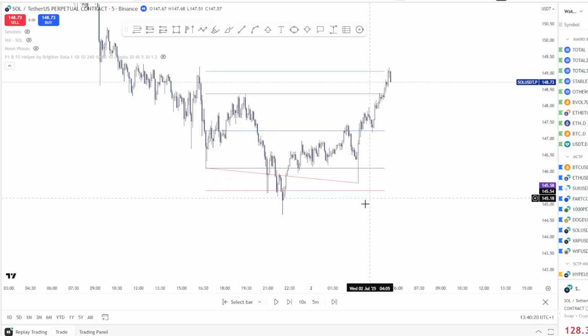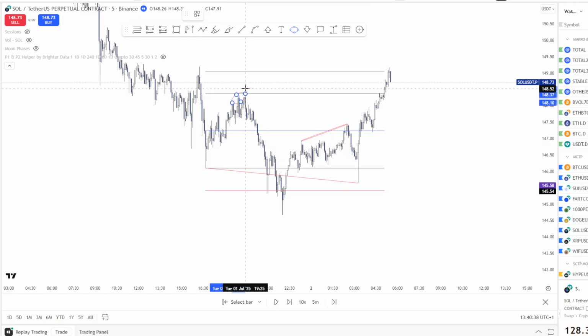But there we have our model 2 demand retest. Yeah, but you can see here we got a little distribution. Again, nothing I would trade, but we get here another distribution on the range high.